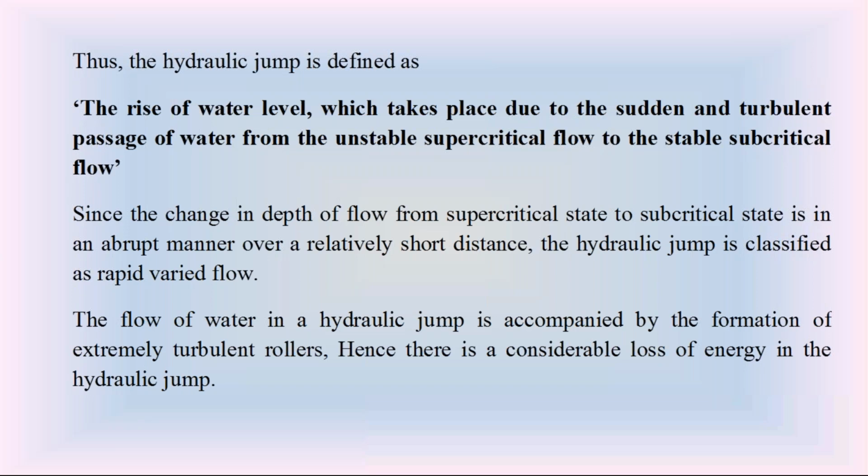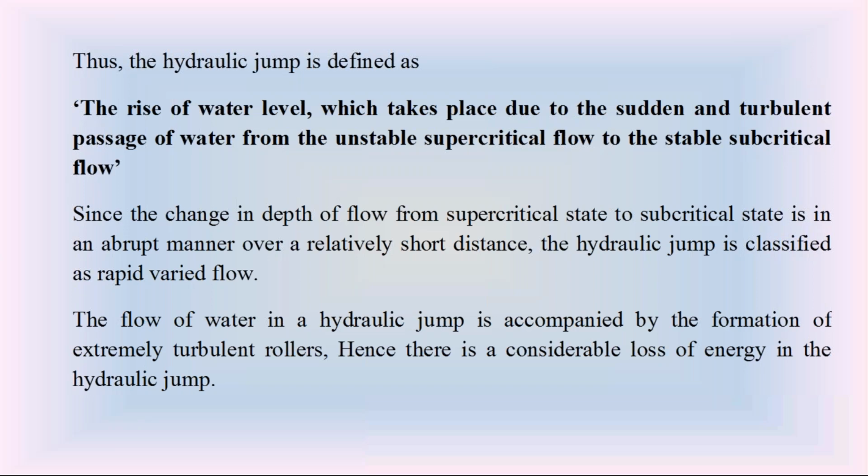Since velocity is very high, the water flow in supercritical condition is not laminar flow. Because of high velocity in supercritical condition, the water flow is a little bit turbulent. You know that turbulent flow is not stable, it is unstable.